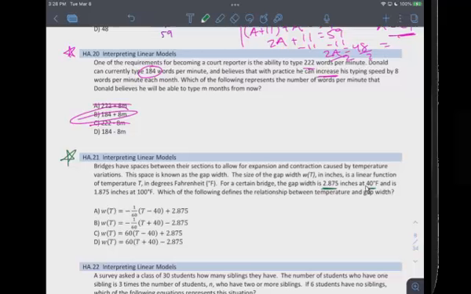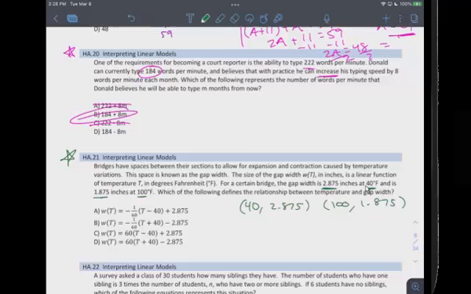I see that the width, W, is a function of temperature, so my temperature is my input, my x coordinate. So I know when my input is 40, my output is going to be 2.875. And for my second point, when my input is 100 degrees, then my output, the gap, is 1.875. So I have these two data points to go by.